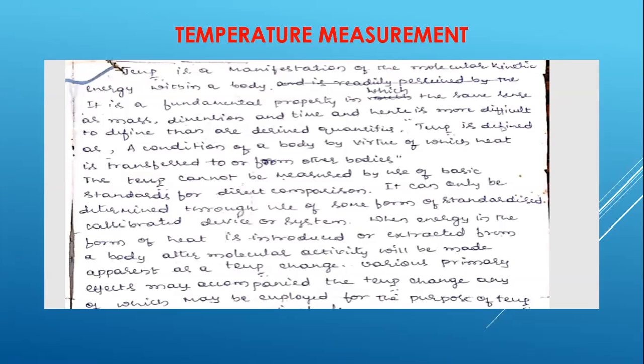The molecular energy can be measured by the feeling or manifestation of molecular energy. That is temperature measurement. The heat can be measured in terms of temperature. The temperature may be in terms of degree centigrade or degree Fahrenheit, or sometimes in thermodynamics we use degree Kelvin.